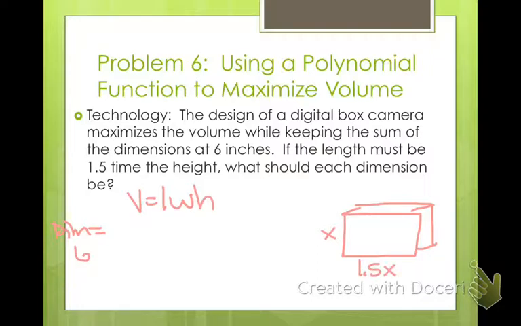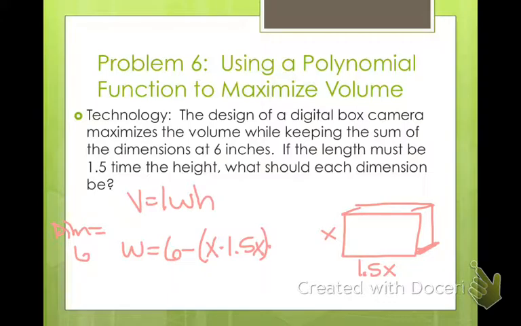What do we know about the width? Well, right now we don't really know anything about it other than our width has to be 6 minus whatever our height is and whatever our length is. Our width is 6 minus those, right? Yes.